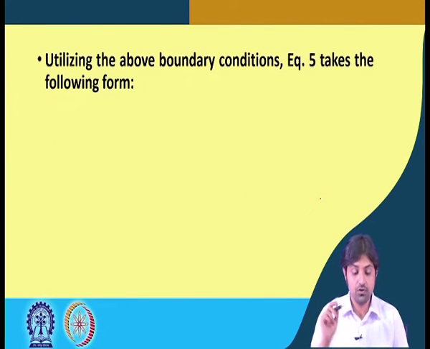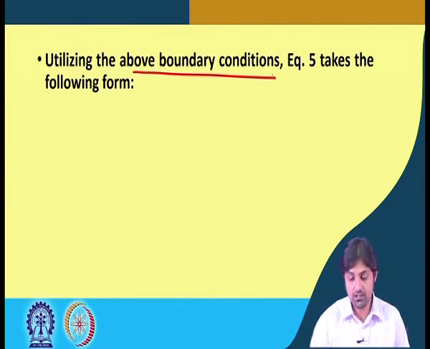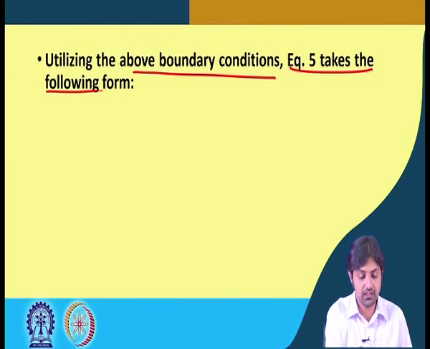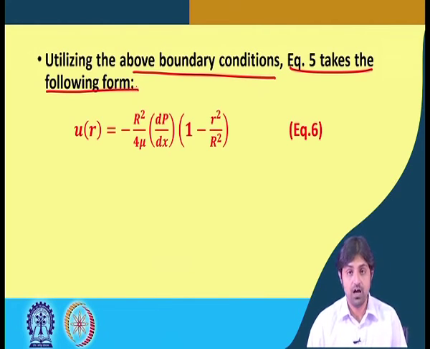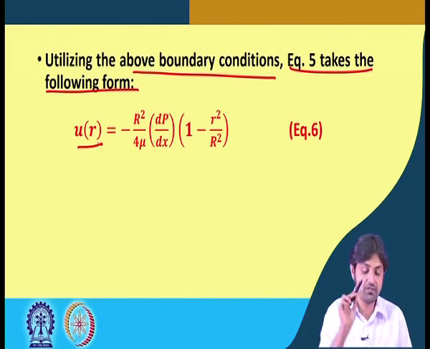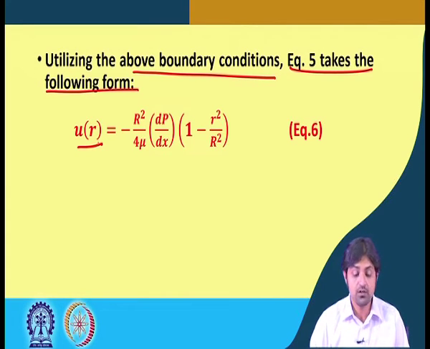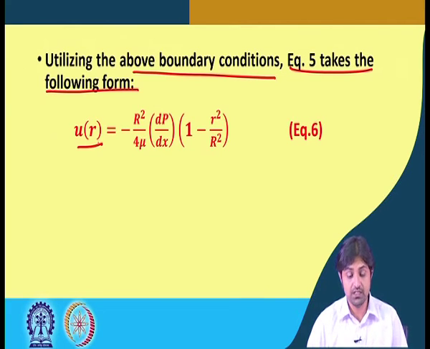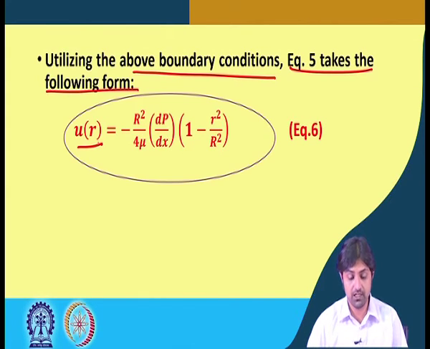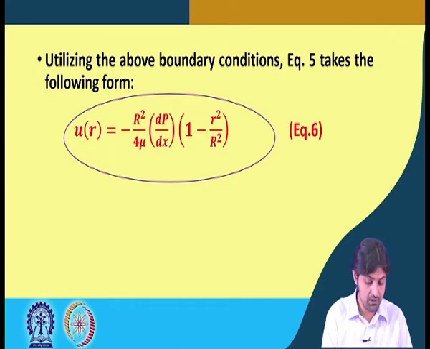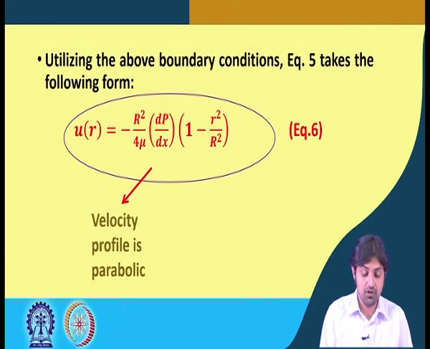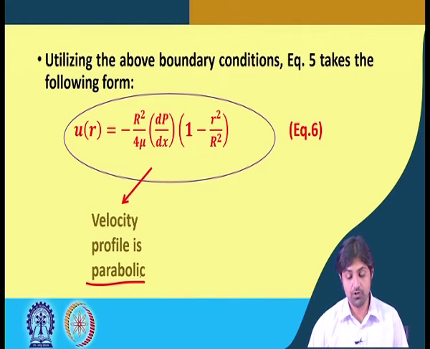So if we utilize the above boundary conditions, equation 5 will take the following form. Our C1 and C2 will be eliminated, and u as a function of r will be given as minus r square by 4 mu multiplied by dp dx, whole multiplied by 1 minus small r square by capital R square. And this is the velocity profile, which is parabolic in nature. This is important to note.